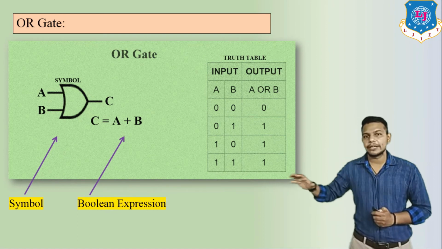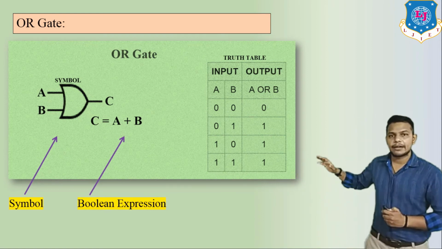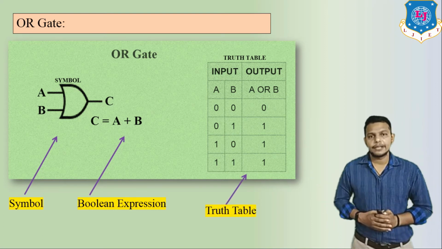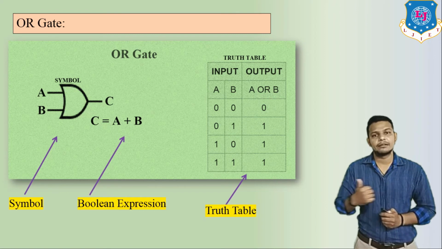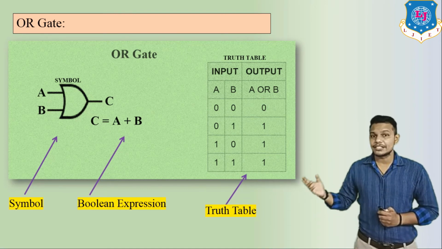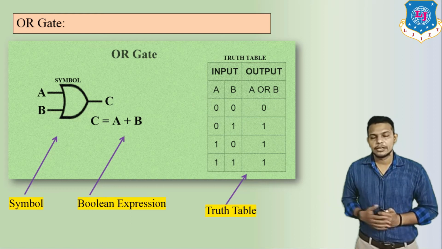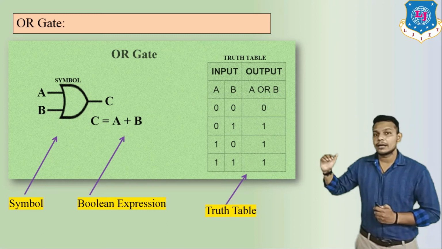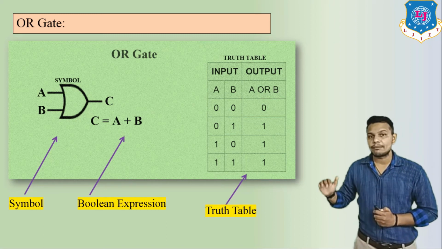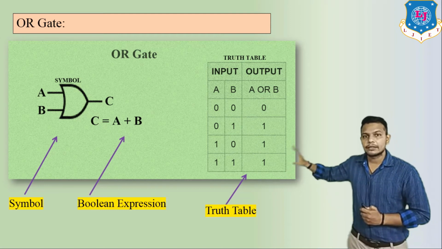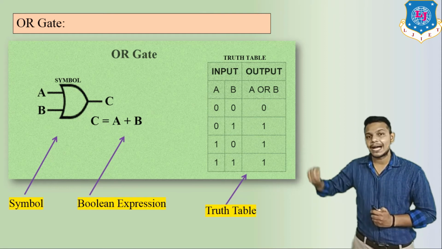Now through this Boolean expression we can derive this truth table. Here we can see this is the truth table of OR gate. If I enter 0, 0, that means it becomes 0 because it makes addition. If I enter 0, 1, that means 1. If I enter 1 and 0, that means 1. But if I enter 1 and 1, if the value is the same, 1 plus 1, it becomes 1 at the output side.